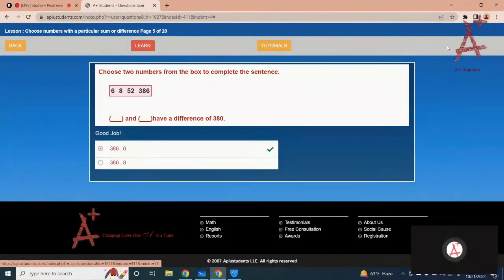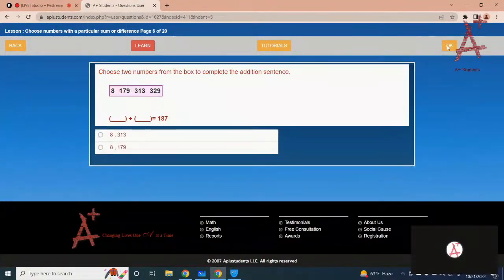Okay, the next one is: choose two numbers from the box to complete the addition sentence. The numbers are 8, 179, 313, 329, and you have to find two numbers that when added make 187. Got it?